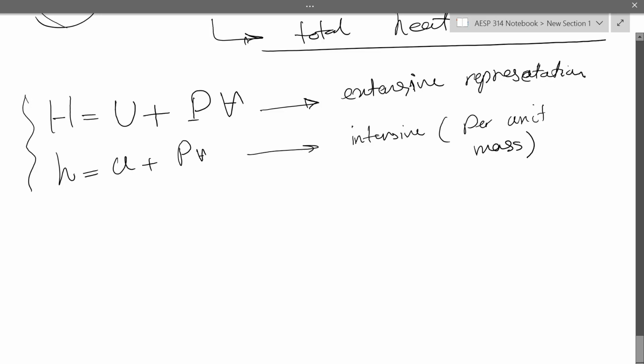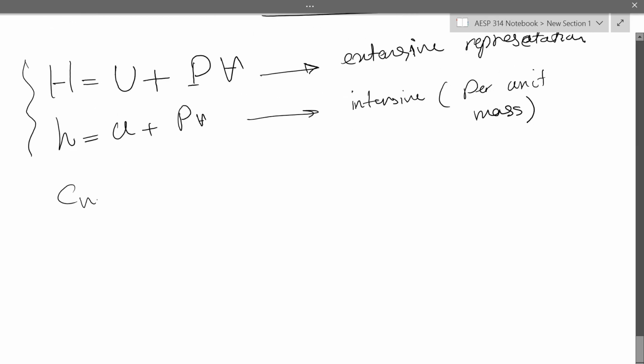In order to evaluate these two properties, enthalpy and internal energy, and to relate them to temperature, we have come up with the definitions of specific heat capacities.